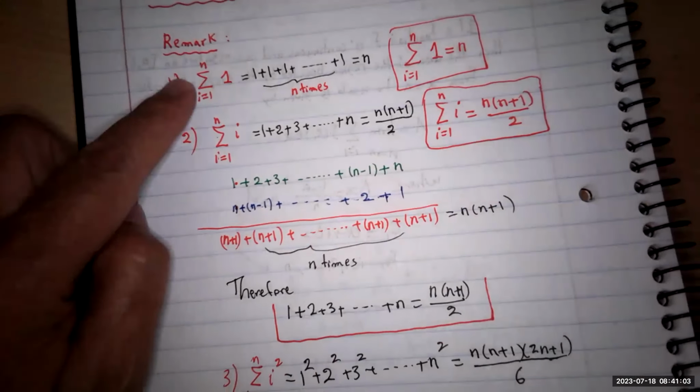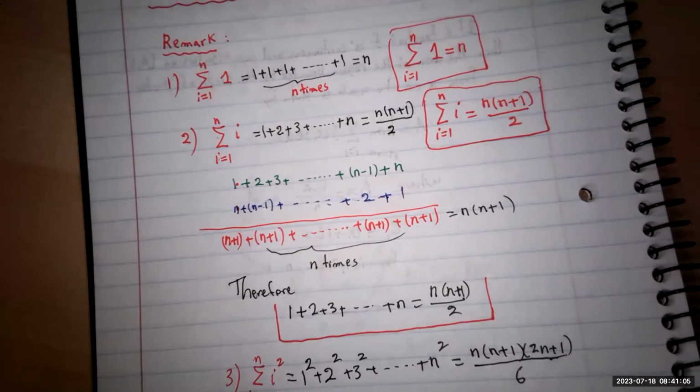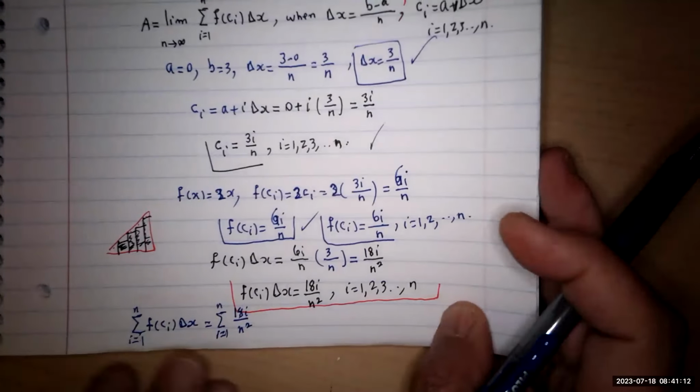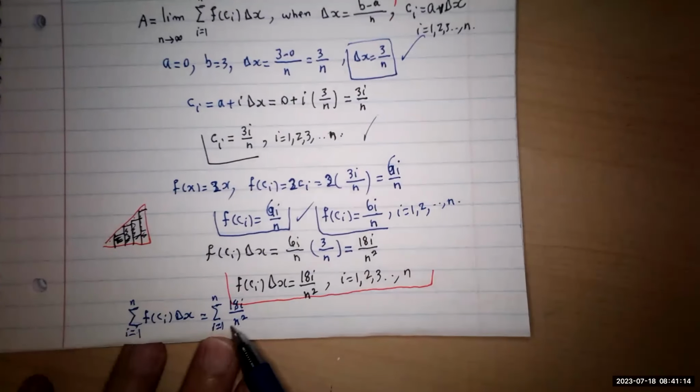When you pull it out, you arrive at one of the cases that we introduced: sigma of i, or sigma of i squared. In this case, the coefficient inside is 18 over n squared.